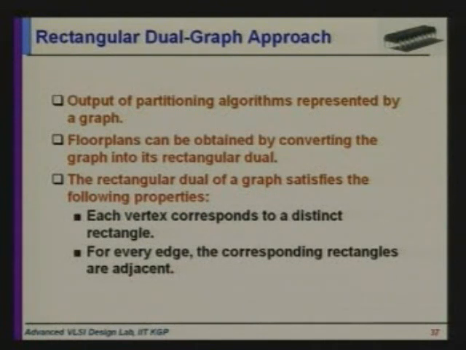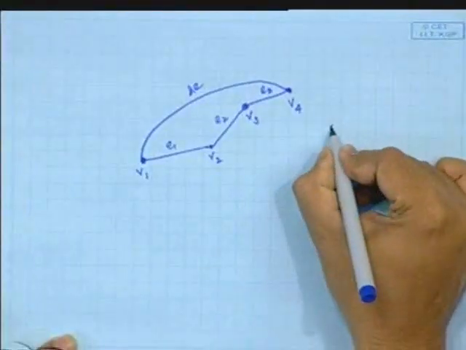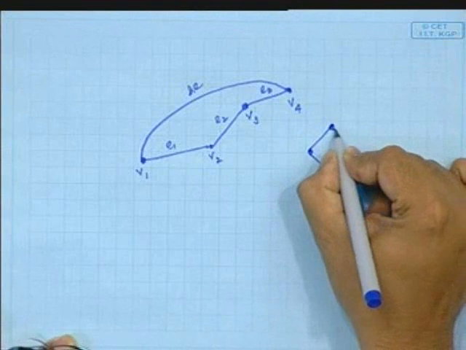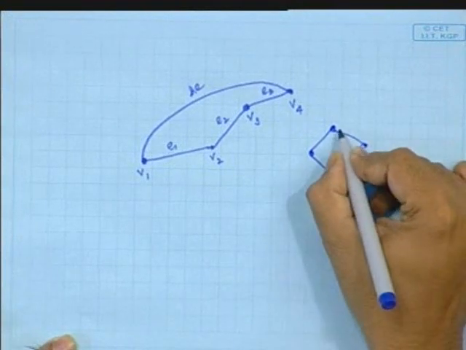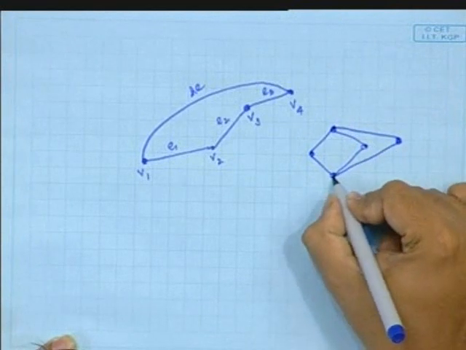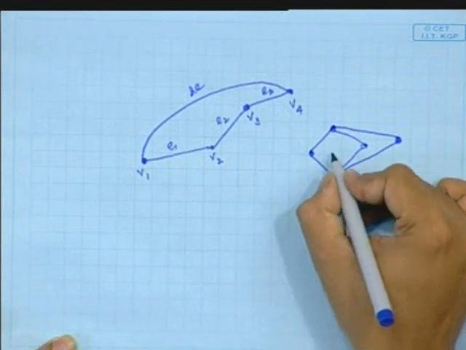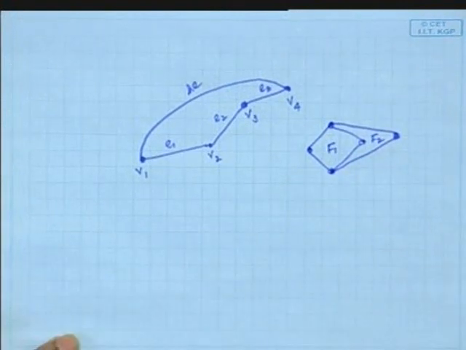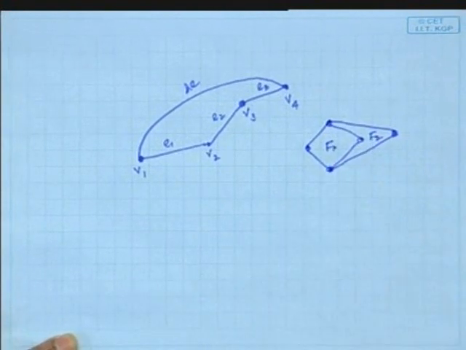What is the face of a graph? If I have a graph like this, these two are faces, F1 and F2.